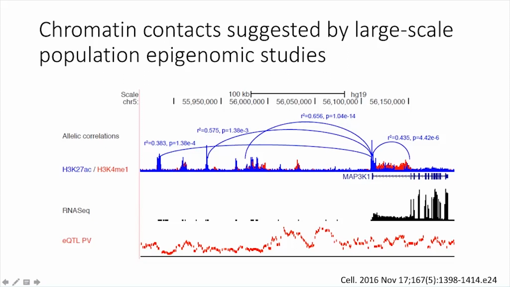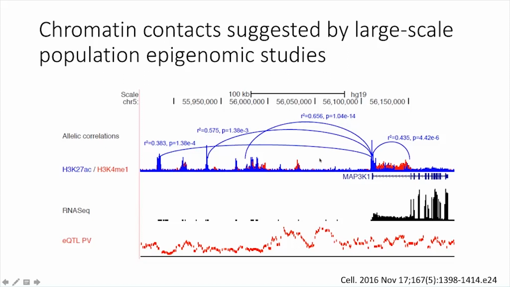We observed that proximal regulatory elements such as promoters show variation that is coordinated across long regions in the cis-regulatory space, and this coordination is, as shown here, as allelic coordination of different regulatory elements in the vicinity of the gene is often spanning much longer regions than shown here.